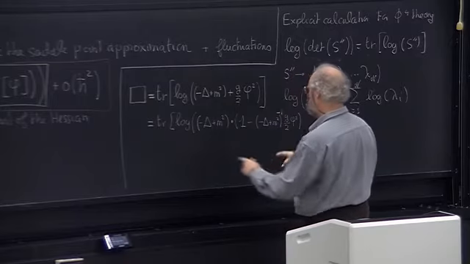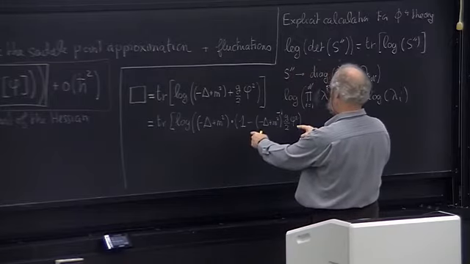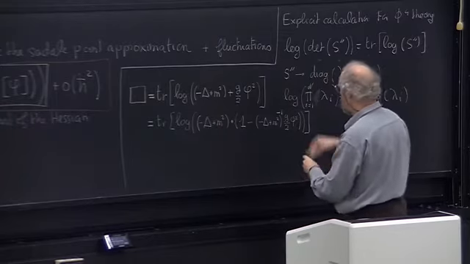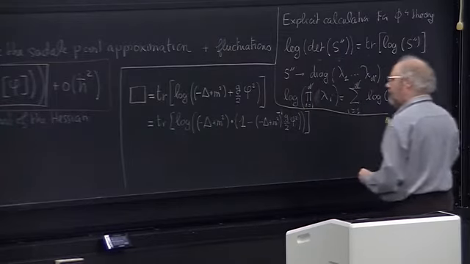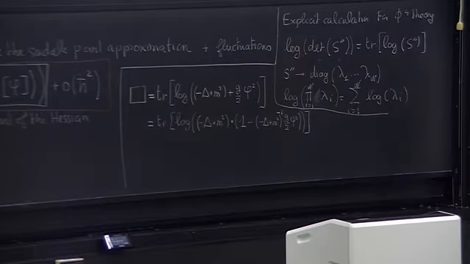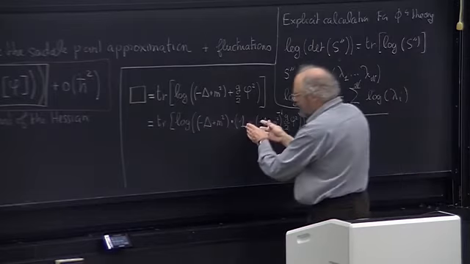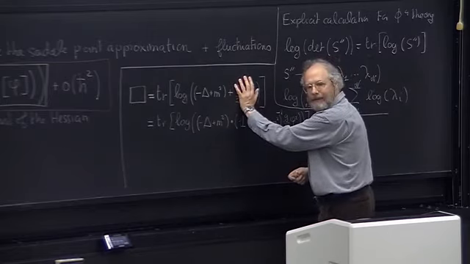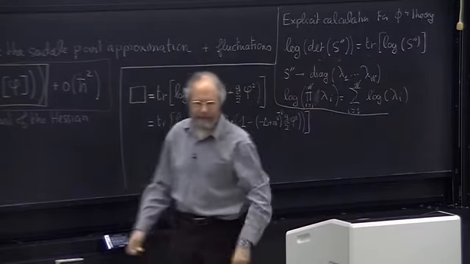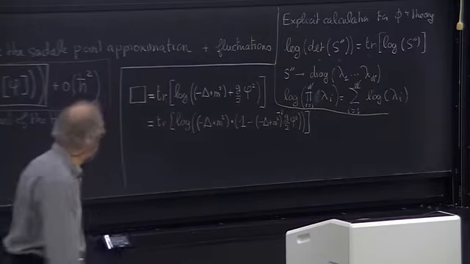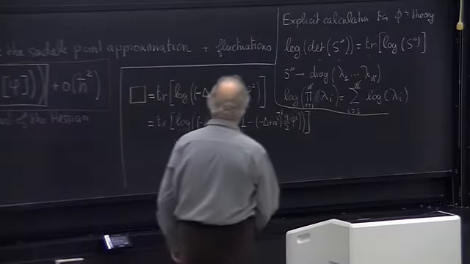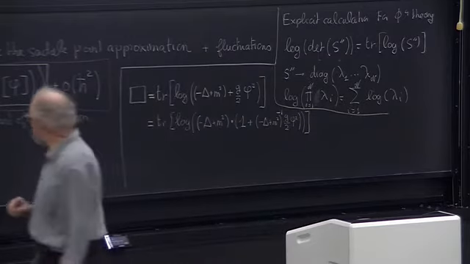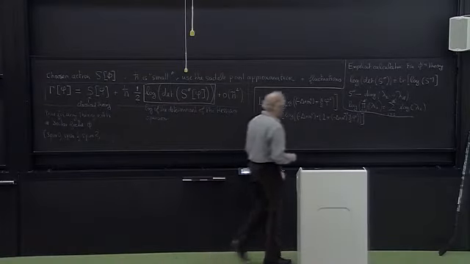And I have to close this log and then the trace. I'm sorry, I'm becoming a bit messy. You see, I've put on the left the Hessian for the theory with no coupling. Plus, I'm sorry. Thank you very much. It's a plus.